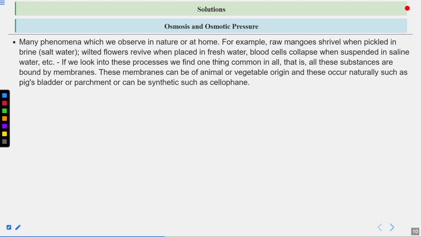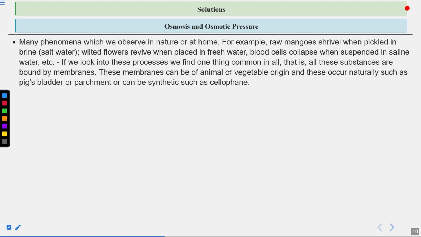Now, many phenomena at home occur according to osmosis, like the shrinking of mangoes when we keep them in a brine solution. A brine solution means a solution filled with sodium chloride, or salt. So there is a higher concentration outside. As a result, the water present inside the mango will move out.